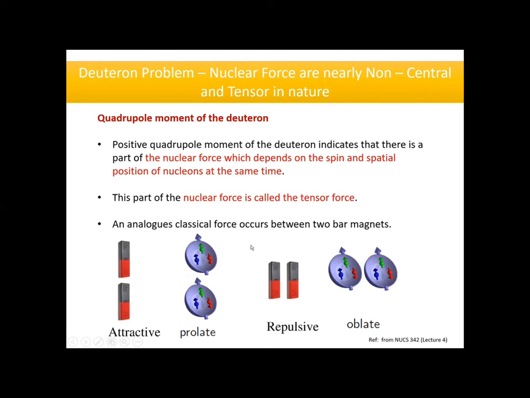So part of the nuclear force depends not only on the separation between the nucleons but also on the angles that their spins make with the line joining the nucleons. So from the magnetic moment and quadrupole moment, one can say that part of the nuclear force is non-central because of angle dependence and tensor in nature.